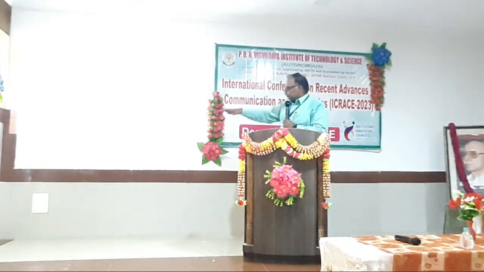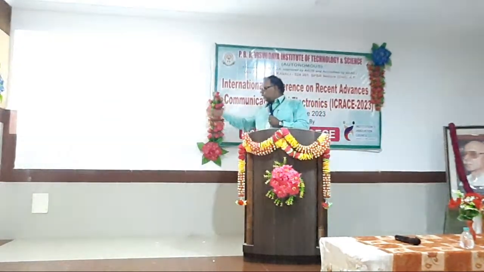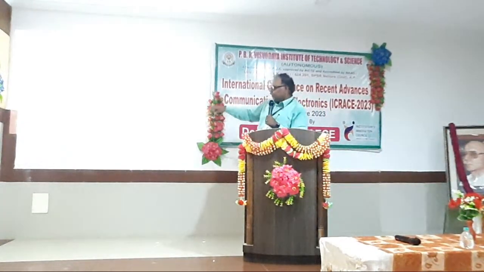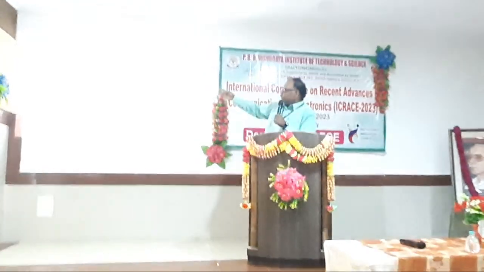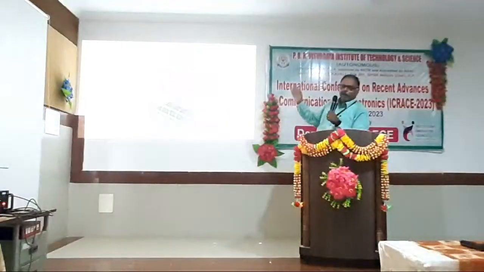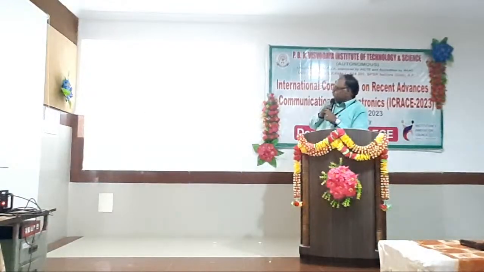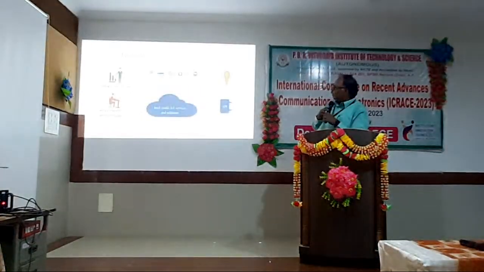You can see that in terms of soil, we have different types of sensors like soil moisture, ultraviolet, air humidity, temperature. In terms of things we have sensors. In terms of communication, the technologies which you are going to use wirelessly. In terms of middleware, what type of communication, like gateways. So this explains how this is mapped across all the layers. That's the structure of a smart agriculture area, and this is about the connected IoT.